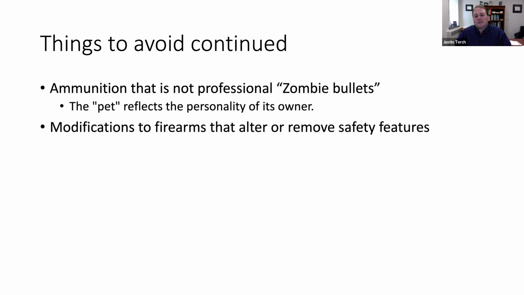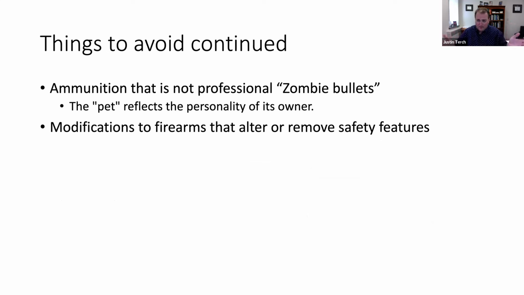The other thing to avoid is novelty ammunition. Our ammunition selection for carry should be jacketed hollow points by a premium manufacturer. That would be your Federal, Speer, Sig Sauer, things like that. Don't get these novelty bullets because they will be used against you.